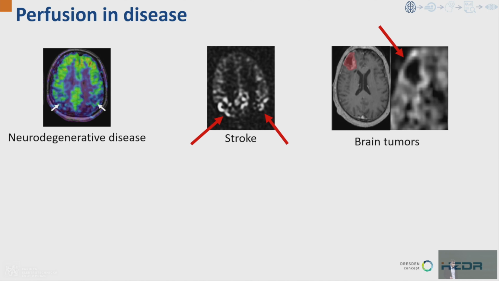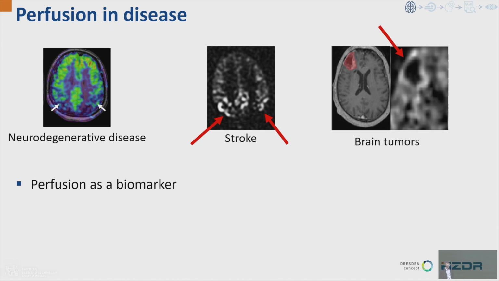An example of increased perfusion is a patient with a brain tumor here. In certain types of brain tumors, we can see increased perfusion in the active part of the tumor, which is related to having many new vessels formed in the tumor, and it's a hallmark of tumor aggressivity.